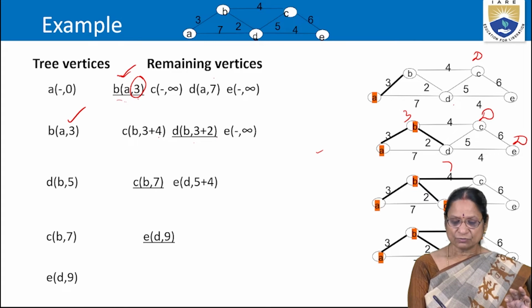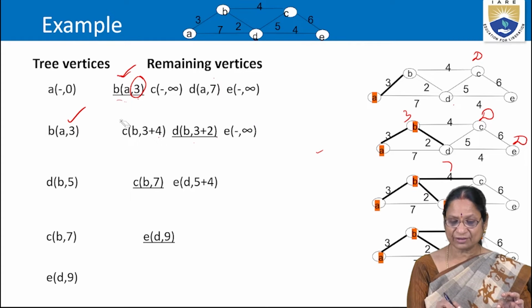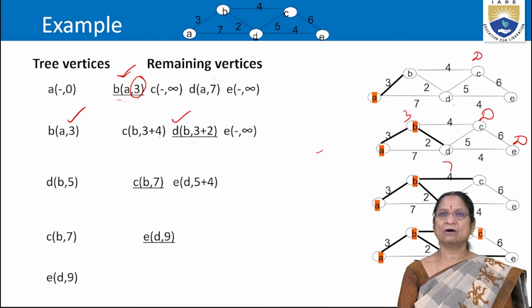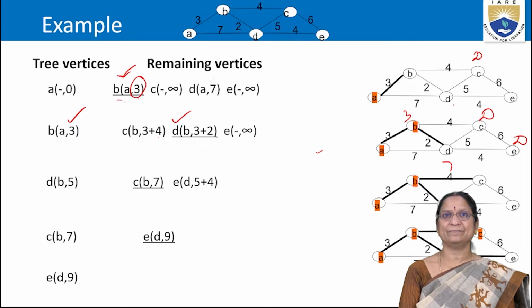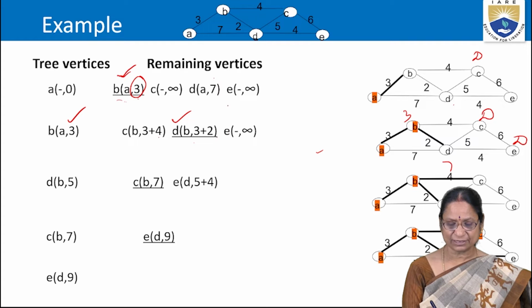Fine. So what is the cost here now? 7, 5, infinity. Among them which is the least one? 5 is the least one. So that means the next vertex to be selected in our shortest path already found can be considered as D. So D, BD5 can be considered. What are the remaining vertices?